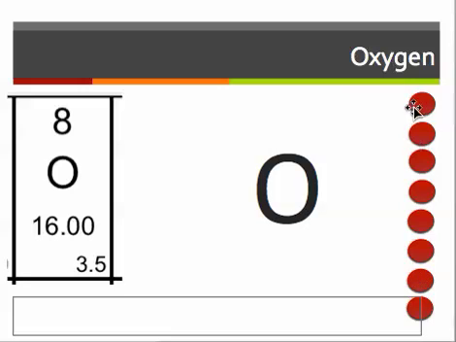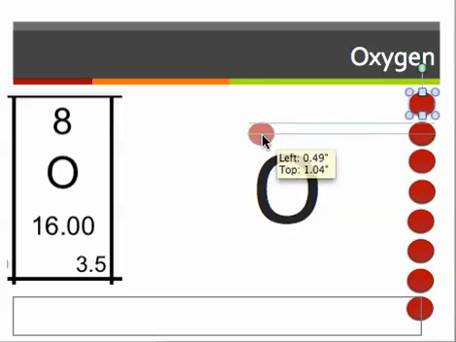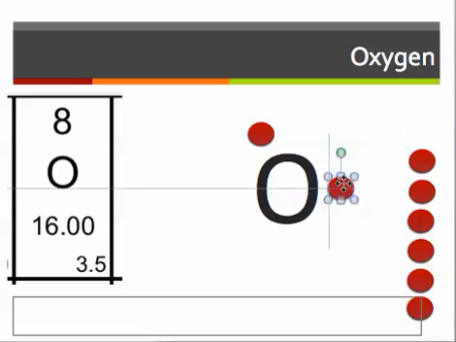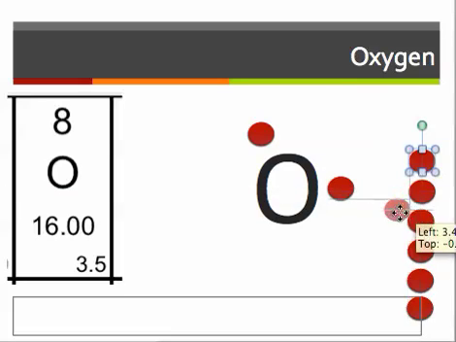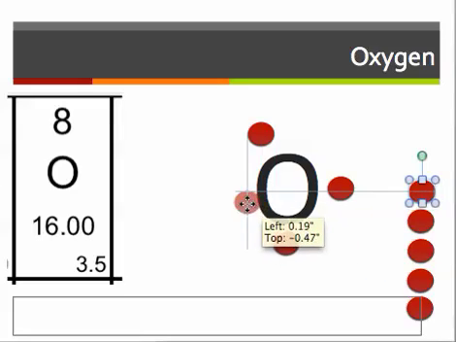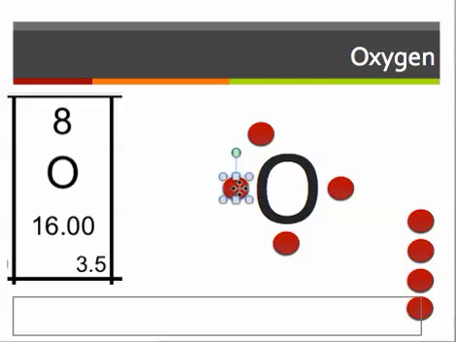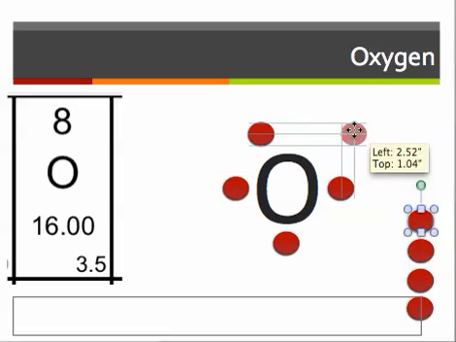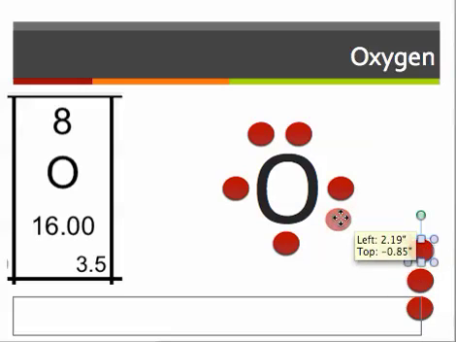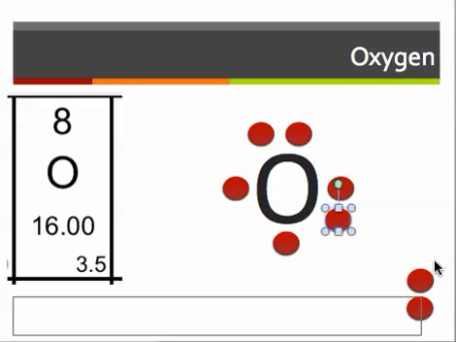So therefore, dot 1 would go here, dot 2 I place here, dot 3 I place here, dot 4 I place here. So I've gone around all 4 sides, and then dot 5 I would place here, and dot 6 I would place here. So this would be the Lewis dot drawing of oxygen.